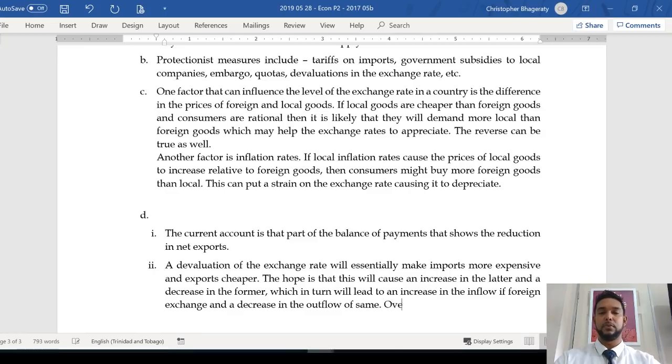Over time, this is likely to help rectify the balance of payments disequilibrium.